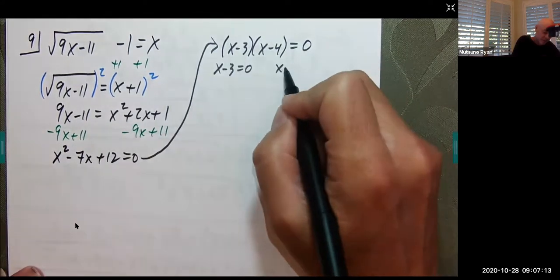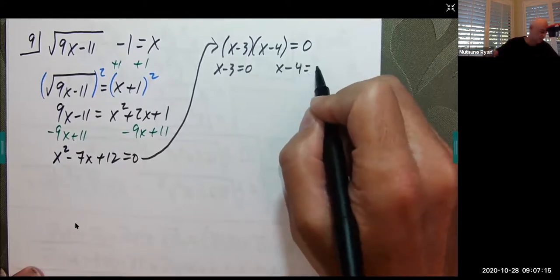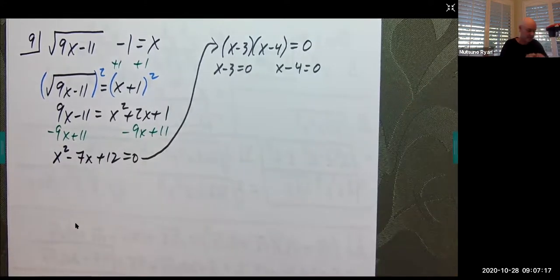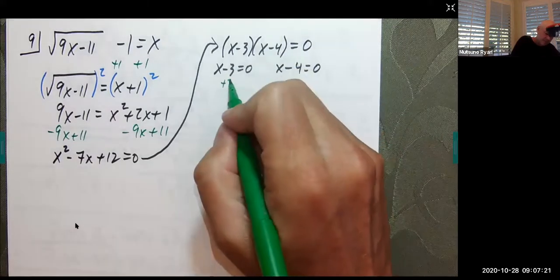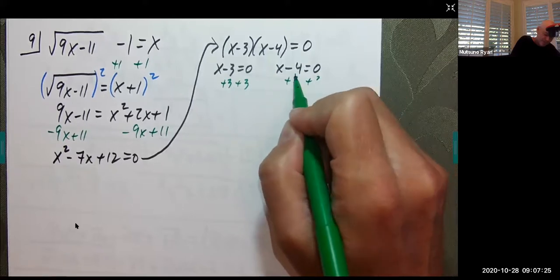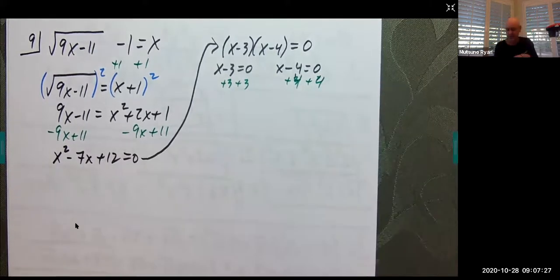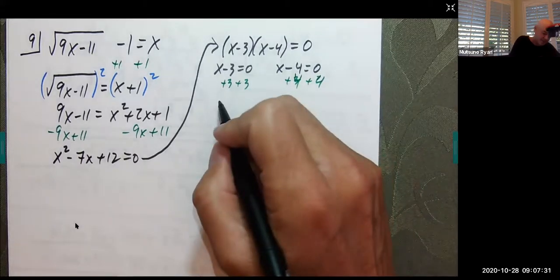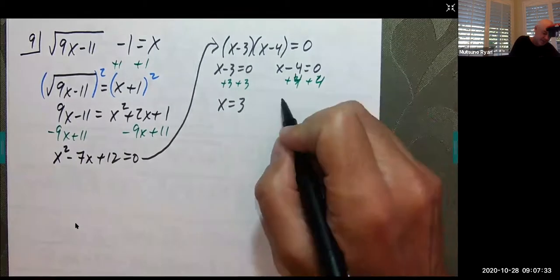Use the zero product property. And this gives me that x equals 3 and x equals 4.